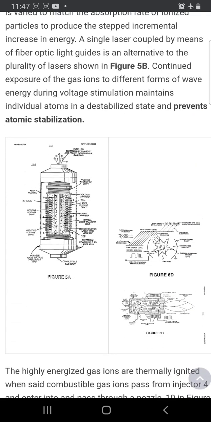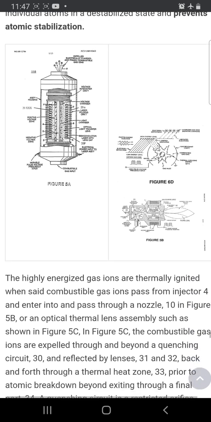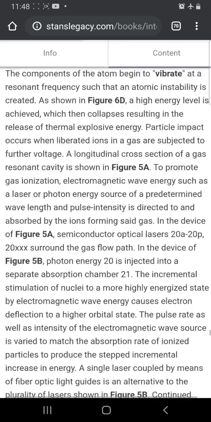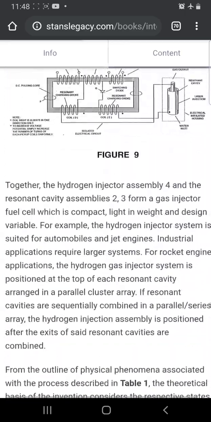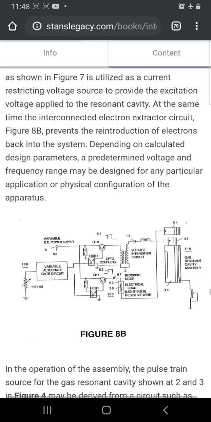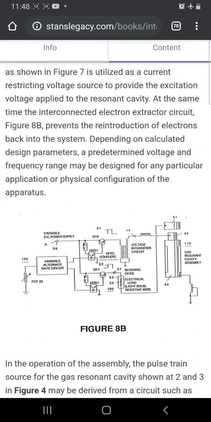So this thing here is like stage 4, where you're exciting the gas before it gets turned into something else. So the circuit for that looks very much like the one used for the fuel cell, and I believe there's a lot of confusion with that, and I'm pretty sure that the one back up there where we had the third electrode was for that, because you see gas resonant cavity, that's not for water, that's the gas one.